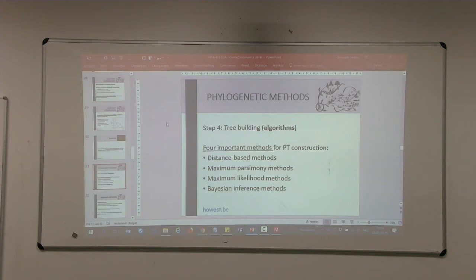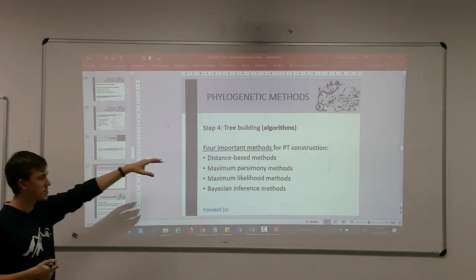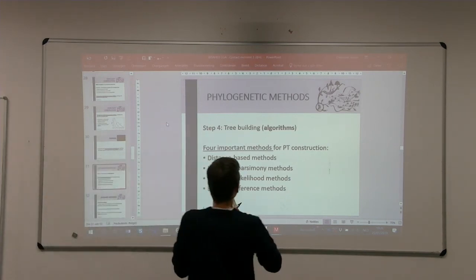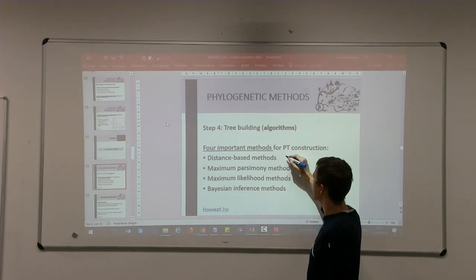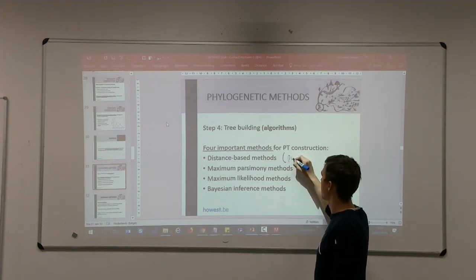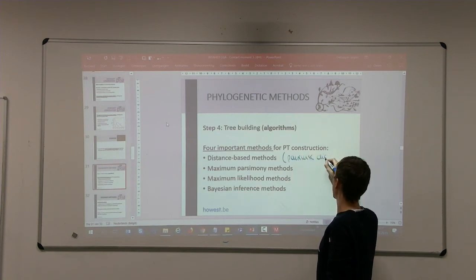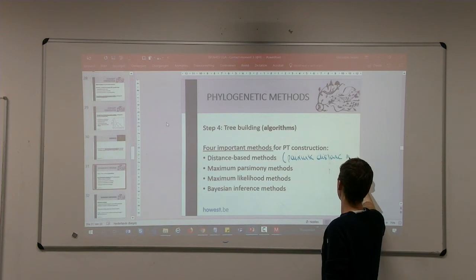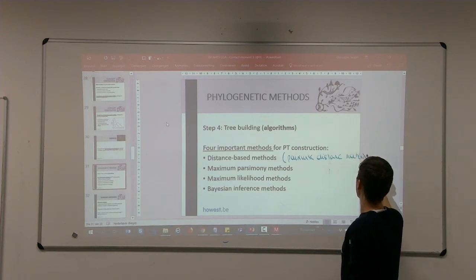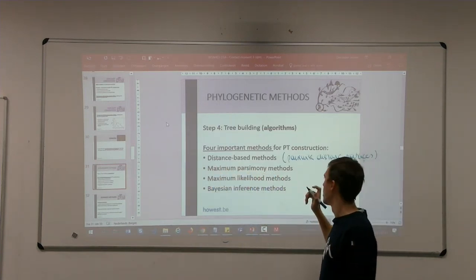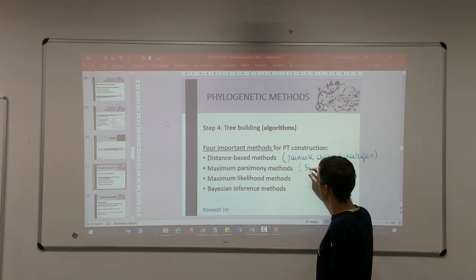If you look at the methods that we have to construct a tree, there are 4 important methods. We have distance-based methods, which of course use distances, for example, from pairwise distance matrices. Then we have maximum parsimony methods, which try to give us the smallest trees.